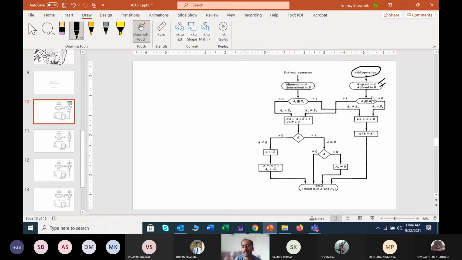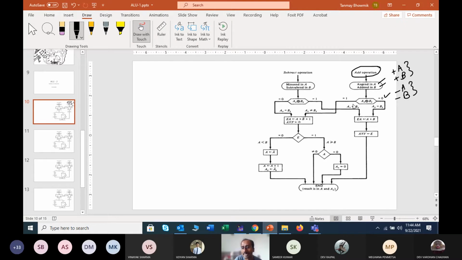If you are taking two similar sign bit numbers, that means AS XOR BS will provide 0. In that case, there may be two options: you have taken positive A, positive B, or negative A, negative B. So we will consider these two cases first.